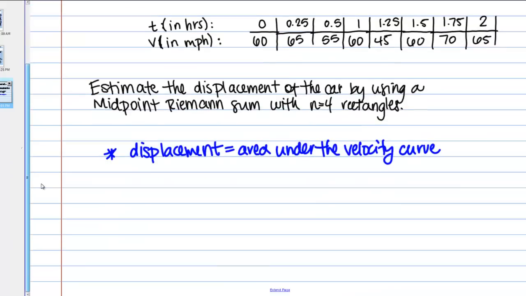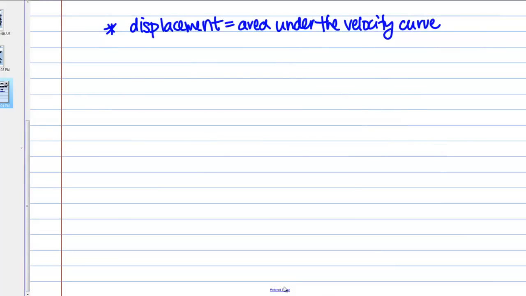Okay, so this is a midpoint Riemann sum. So let me write down the formula for the midpoint Riemann sum. If you want to find a midpoint Riemann sum, this is what you're going to be doing.